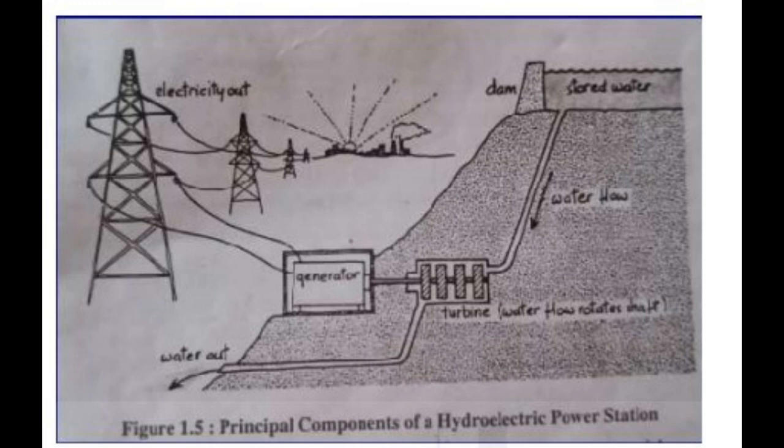This can be demonstrated in the following way. Let's suppose that the potential energy of some water on the top of the hill has been converted to electricity and that the electricity has been used to boil a kettle of water. At this stage the energy, initially potential energy, has been used to heat water. Now suppose the hot water is poured over a glass bowl as illustrated in figure 1.6.